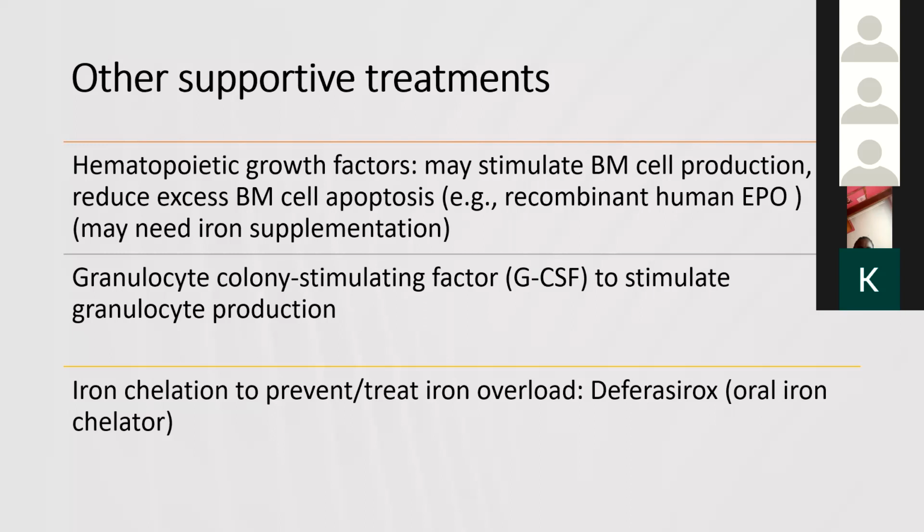There are others which are parenteral, but the oral iron chelator is easier to use because it's given orally, unlike the others which you have to inject subcutaneously and somebody's on the pump overnight for several hours. The oral iron chelator is much easier to handle. So these are other supportive treatments that will be given to patients.